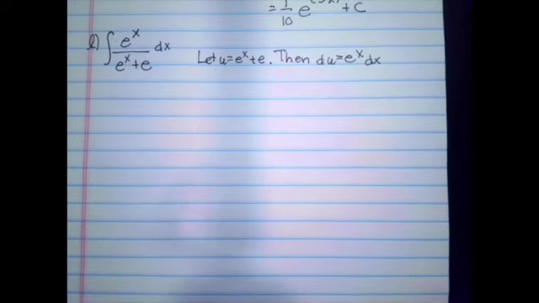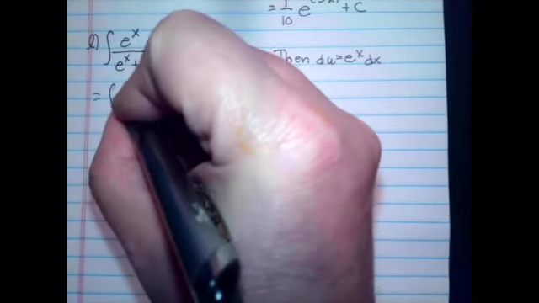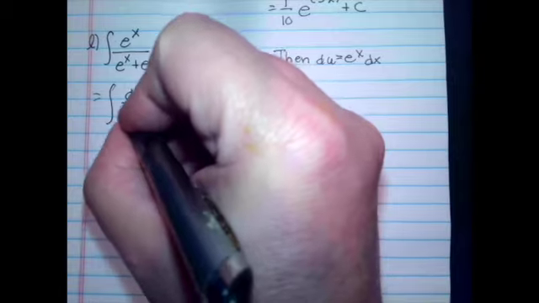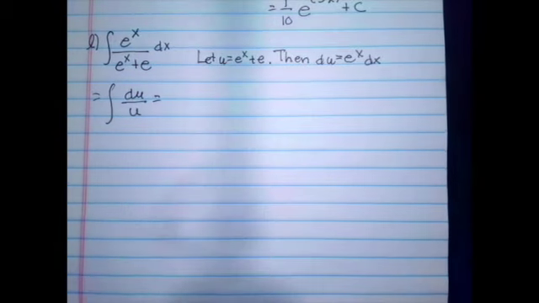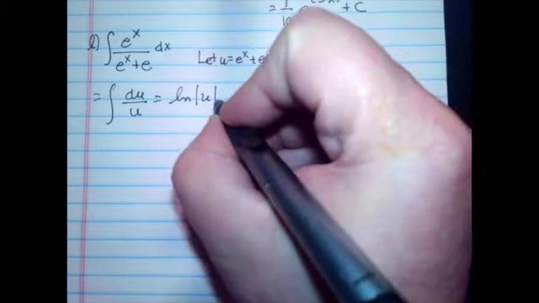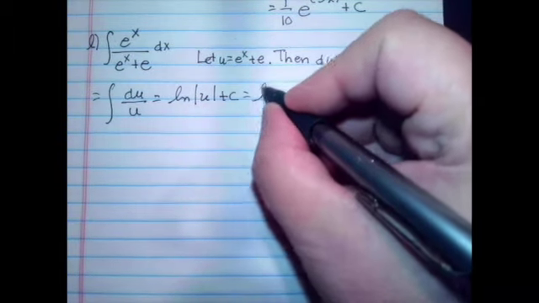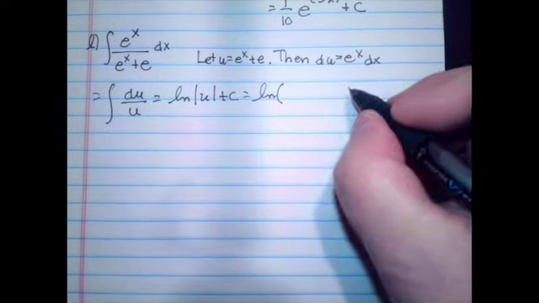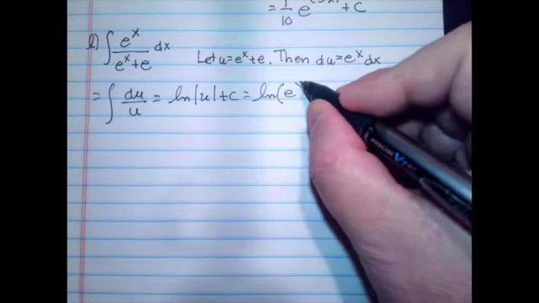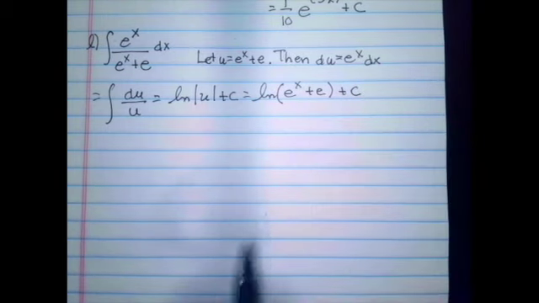That will give us a du of e to the x dx, which again is exactly what we have. So what we have is du over u to integrate, and that's going to be the natural log of the absolute value of u plus c. So that's the natural log of e to the x plus e plus c.